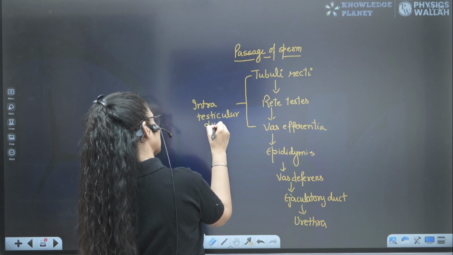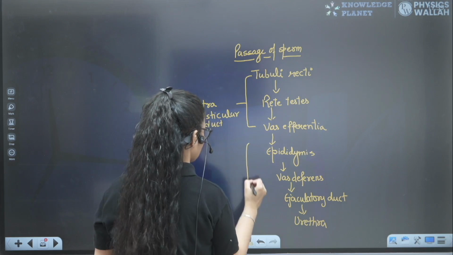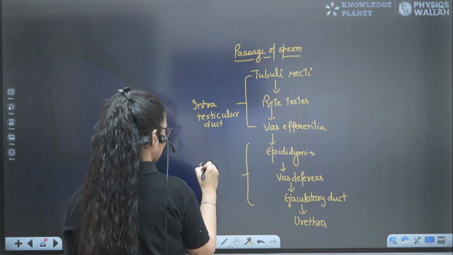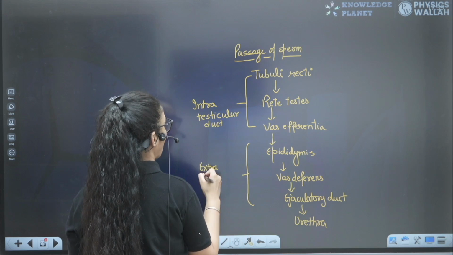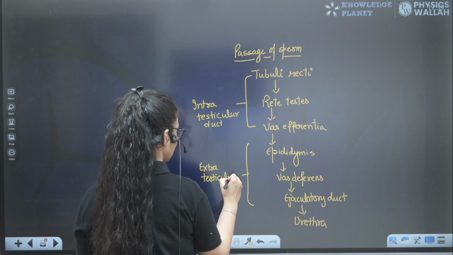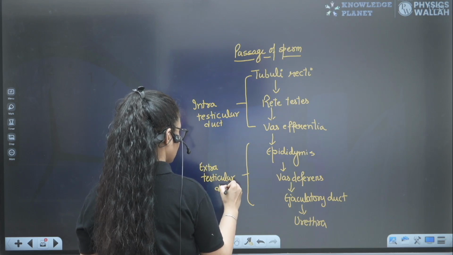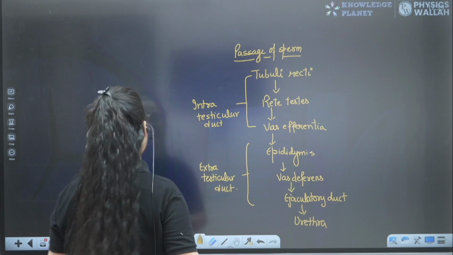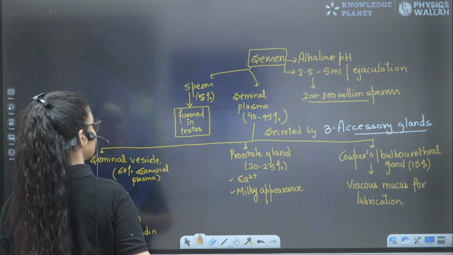These are the accessory ducts, the second part of the male reproductive system. And the extratesticular ducts are those present outside the testicle. These are the accessory ducts. After that, we will see the accessory glands.